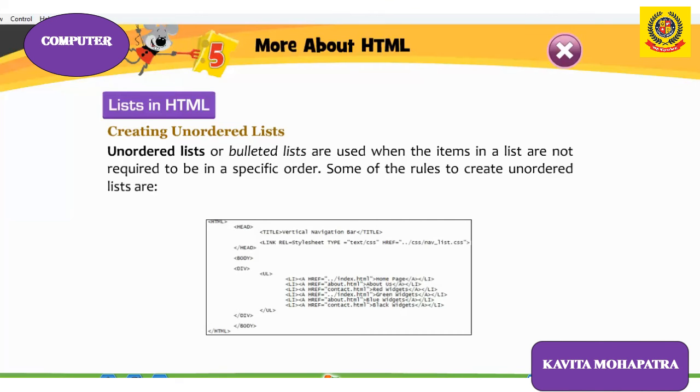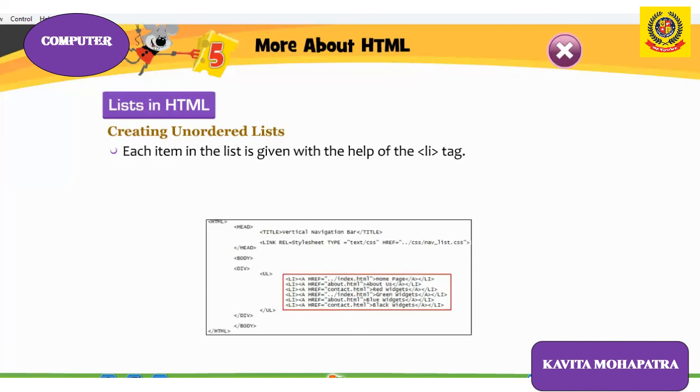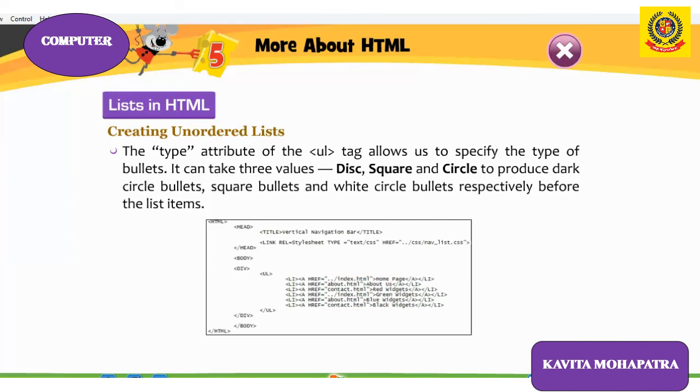So unordered or bulleted lists are used when the items in a list are not required to be in a specific order. Some of the rules to create unordered lists are given below. So an unordered list is enclosed within the UL and /UL tags. You can see this one. Each item in the list is given with the help of the LI tag.